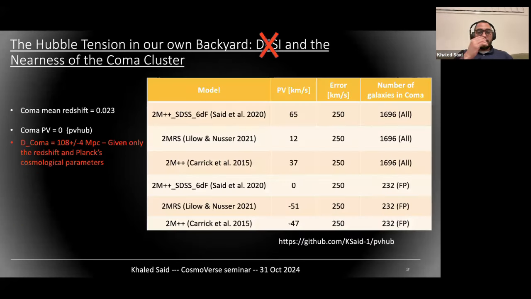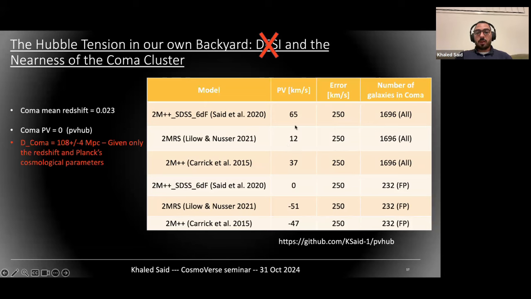So what I did is I removed DESI from the equation. I took the Coma mean redshift, which is 0.023, and this mean redshift is coming from the DESI Coma group catalog.